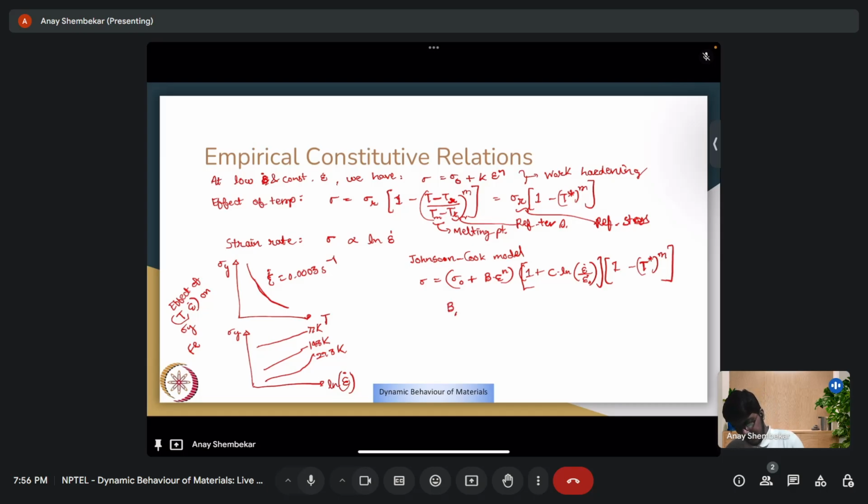Here B, C, sigma naught, n and m are experimentally determined constants.